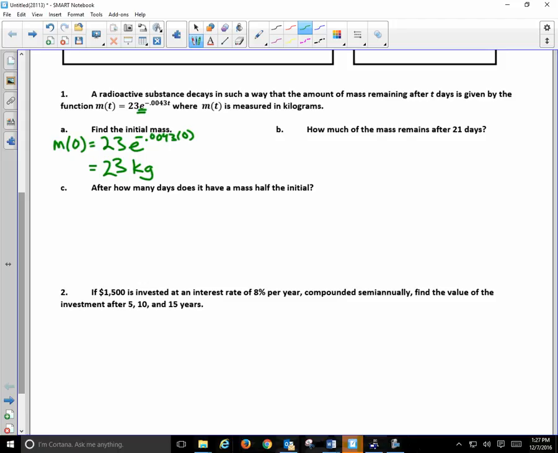Now it's decaying over time. Well, how much mass remains after 21 days? Maybe it'll be 22 kilograms. Maybe it'll be 5 kilograms. How will we know? We'll plug in 21. So we have 23 times e to the negative 0.0043 times 21.